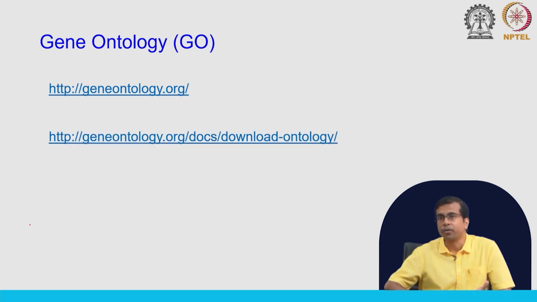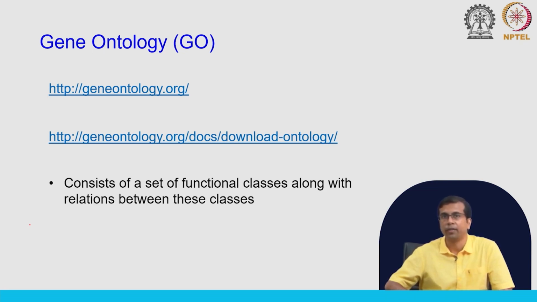You can also download the ontology for any organism that you are working with, and there are many organism specific ontologies available on the website. Very briefly, gene ontology consists of a set of function classes along with relations between these classes.